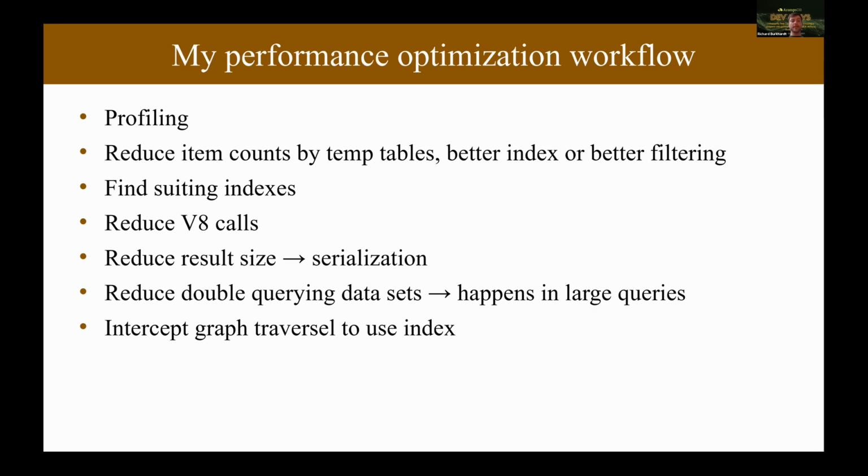And this intercepting graph traversals is what I did from the first query to the second query. So if you have an index set, or it's possible to use an index, you can stop the tree traversal, use that sub part of the tree traversal and put it into a temporary collection.